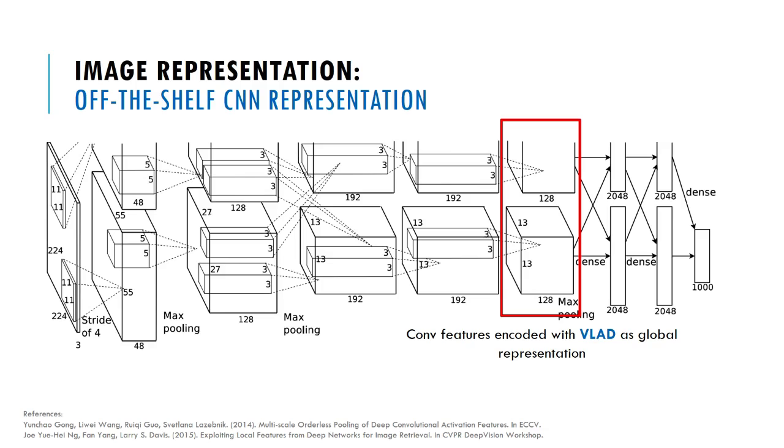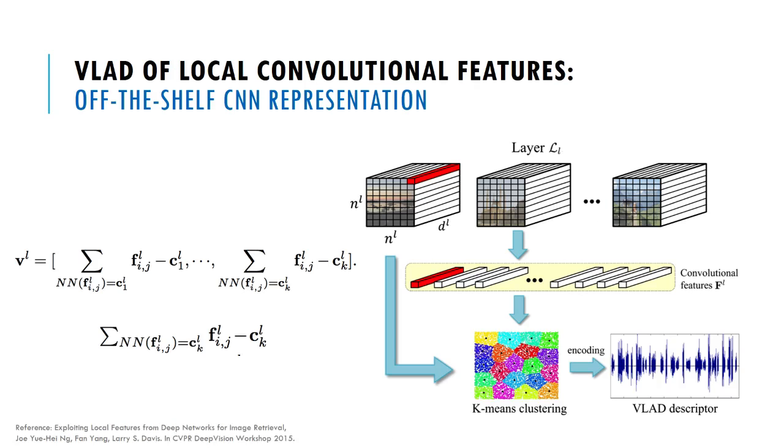Okay. Now let's talk a bit about the slightly more sophisticated representation of a traditional technique called the VLAD again. But here we're going to be using VLAD to encode these convolutional features. So here's how that works. It's actually a very similar technique.